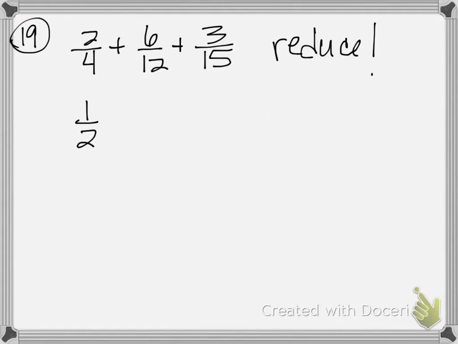Yeah, 1/2. What about 6 twelfths? Ooh, that's 1/2 again. And 3 fifteenths would reduce to? Because you can take a 3 out of the top and the bottom. 1/5. So now I just went from 3 different denominators to 2 different denominators, and they're little numbers.